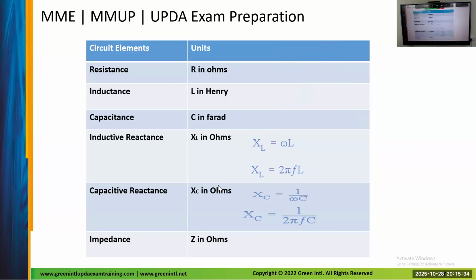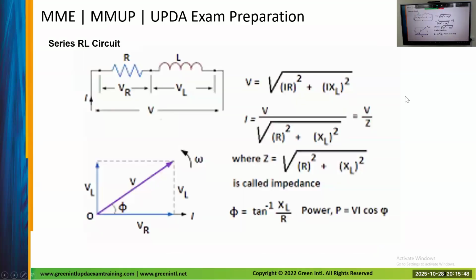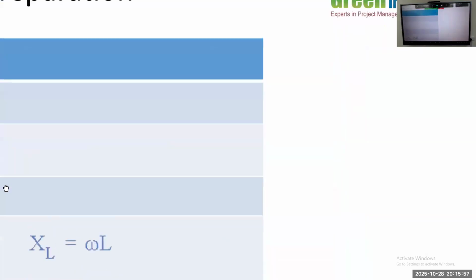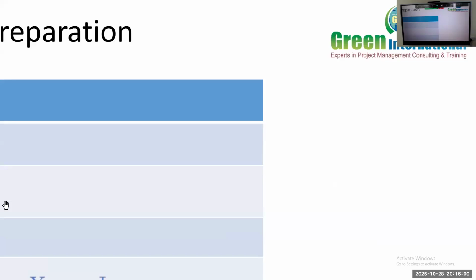So that's why we use the word Z. Z is a function of R, XL, XC.